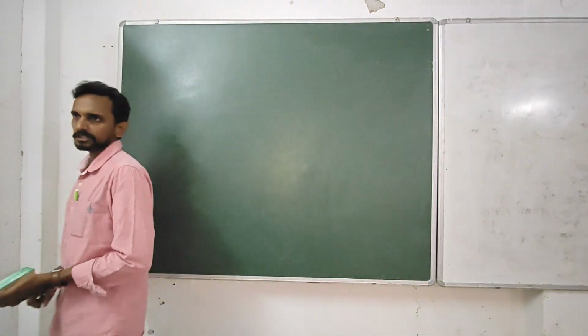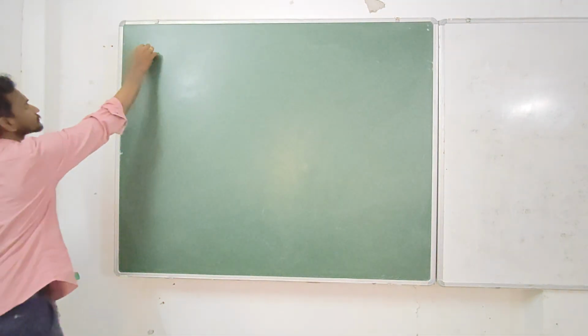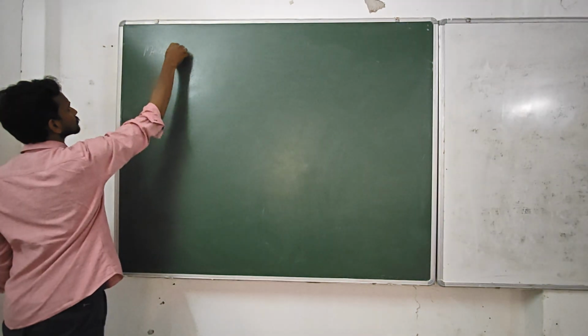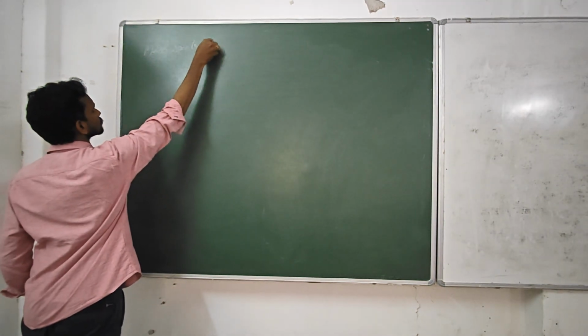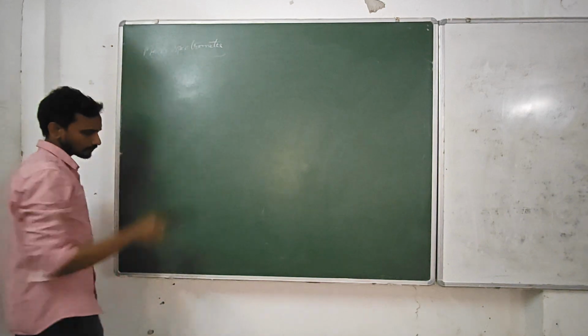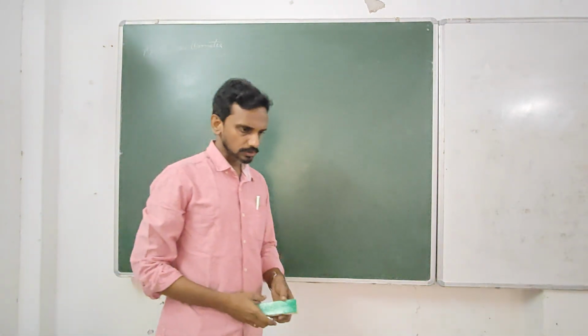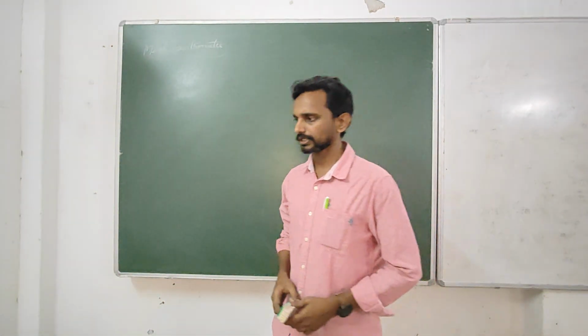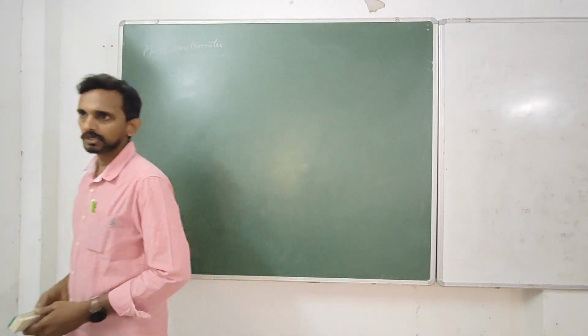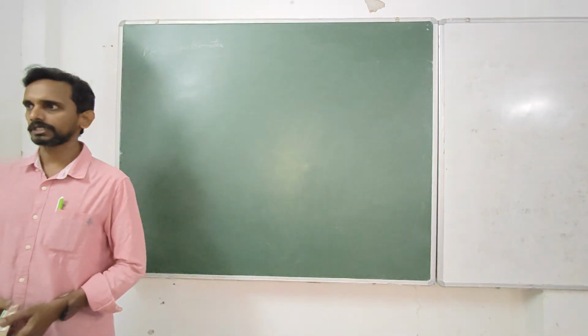So our next topic is the mass spectrometer. This is used to separate isotopes, both qualitatively and quantitatively.